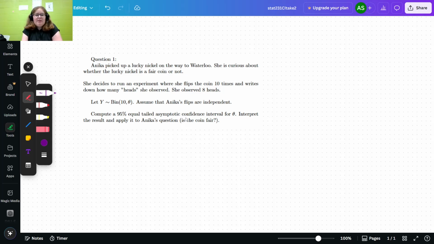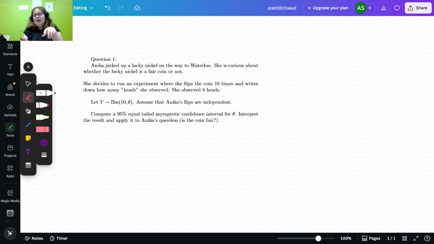So first I want to mention, I'm not exactly sure if this is how this would be worded in our class. 95% equal-tailed confidence interval, you should understand. This asymptotic part is just in reference to the fact that I want to use the asymptotic pivotal quantity. And what does that mean? Well, basically, from what I understand, there's exact pivotal quantities, which are quantities that we use that are based on the distribution that we're originally using.